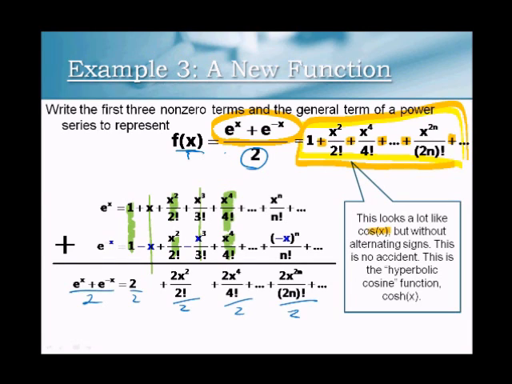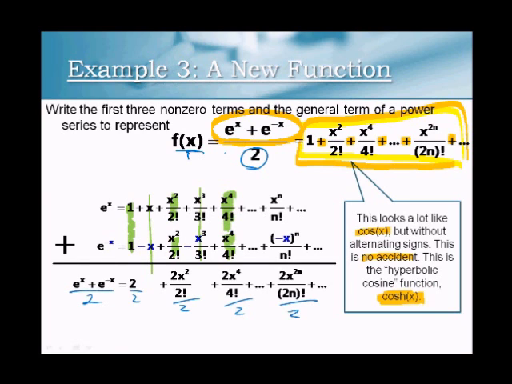So this looks a lot like cosine. It's not an accident. This is hyperbolic cosine. You can see it expressed as cosh of x, the hyperbolic cosine of x. Now the hyperbolic cosine, instead of working with a unit circle, you're working with hyperbolas.